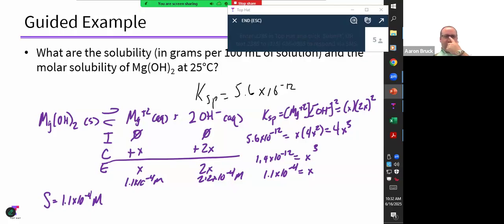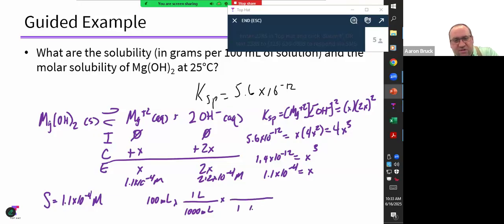To turn this into grams per 100 milliliters, what I would do is start with my 100 milliliters of solution, 1,000 milliliters in a liter. My molar solubility says that every liter of solution has 1.1 times 10 to the negative 4th moles of the magnesium hydroxide.